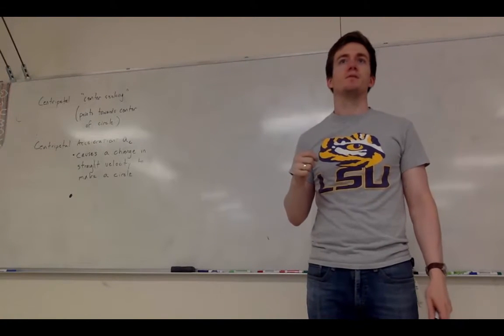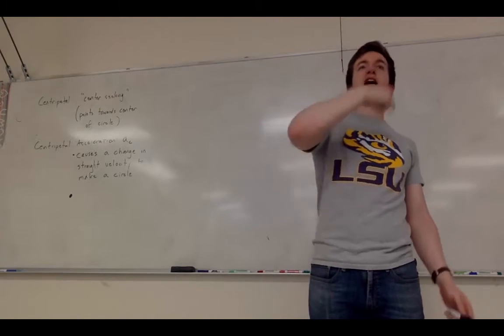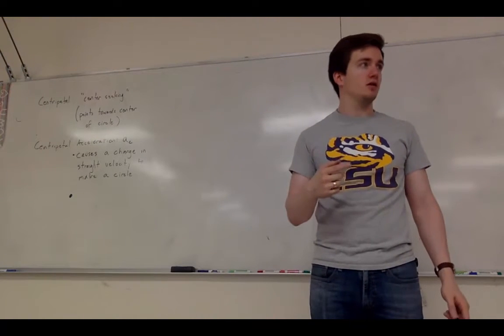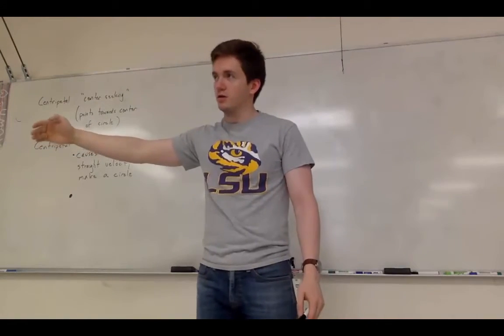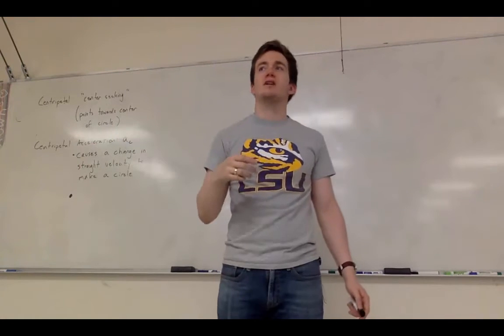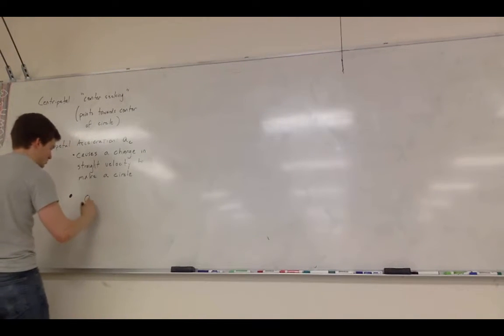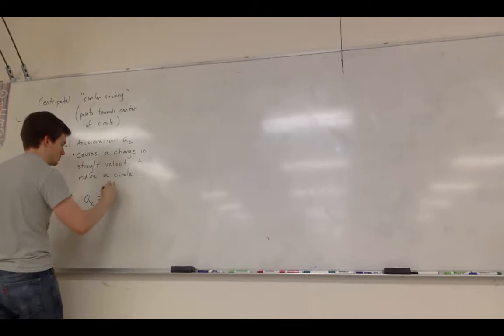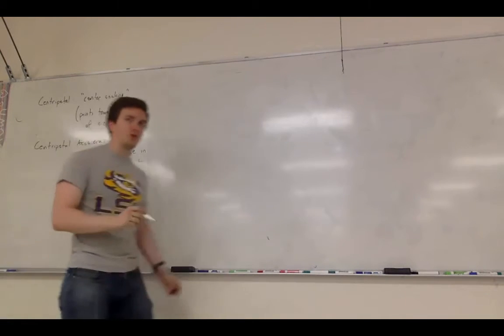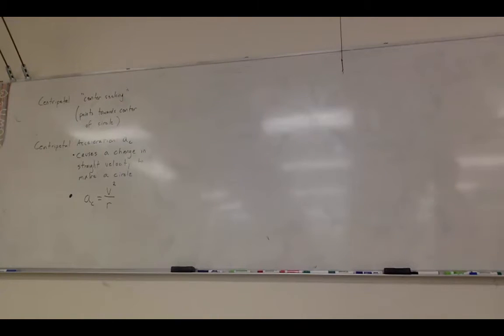So the radius matters. What else? Well, the force is what I'm doing. The velocity. The farther out you are, it gets kind of tough. And then the faster you're going, it gets kind of tough. So this combines through some calculus magic that we're not going to get into to centripetal acceleration equals velocity squared divided by r, the radius.